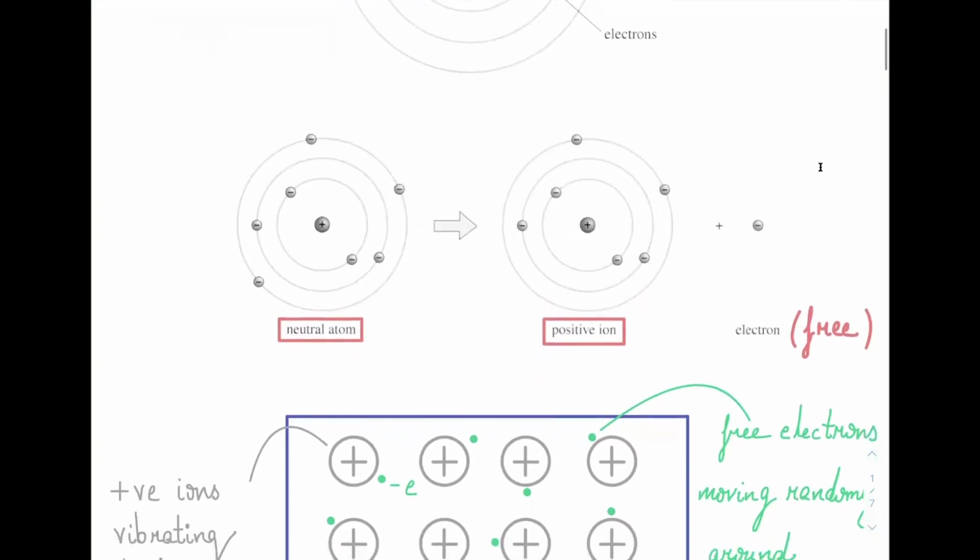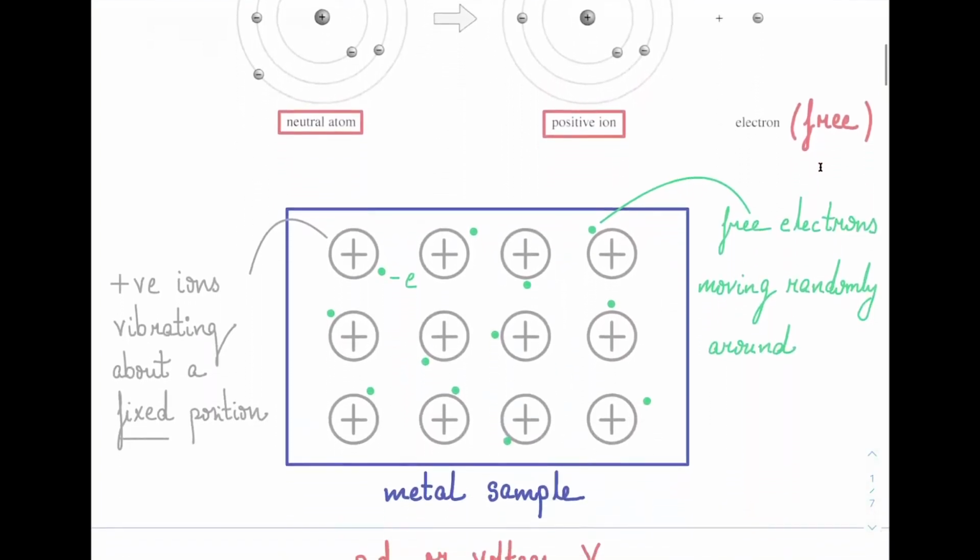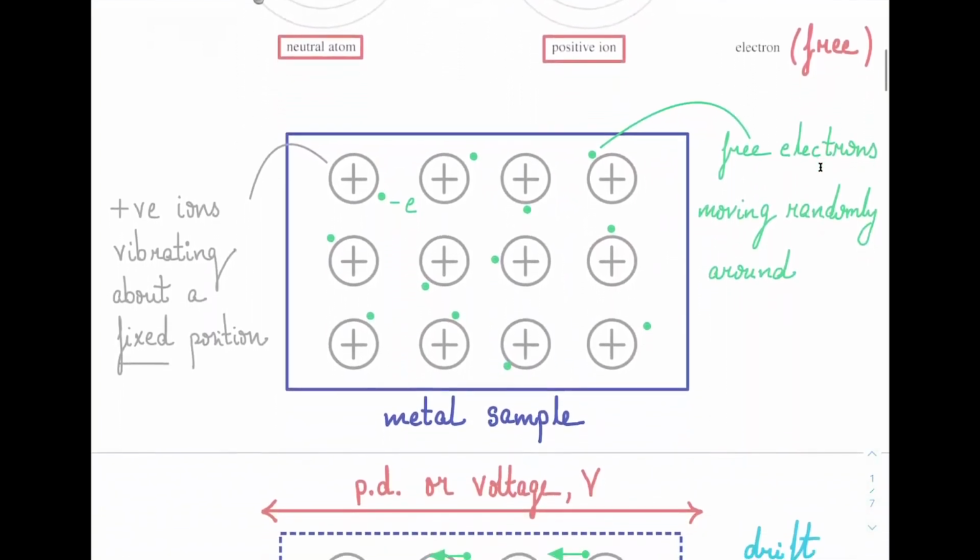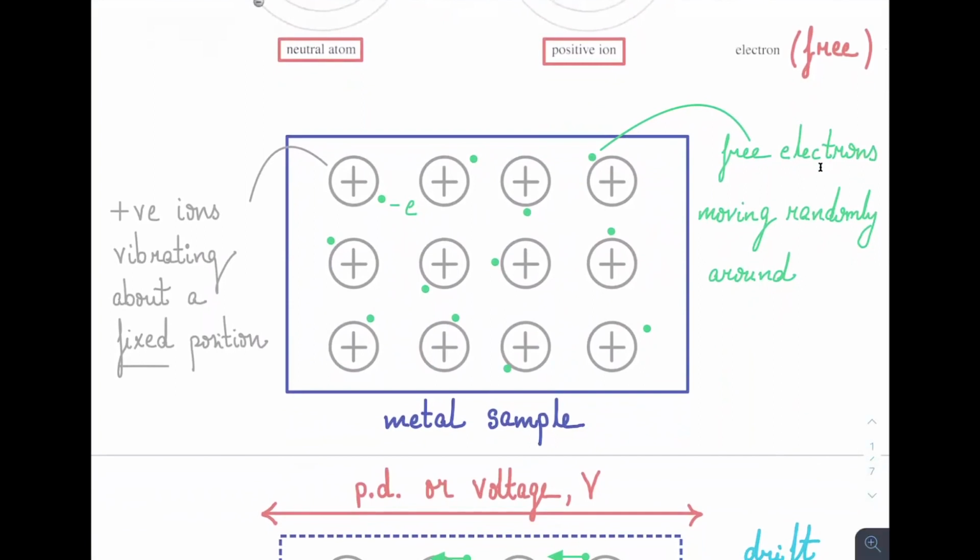The structure of metals can thus be seen as being composed of vast arrays of positively charged ions vibrating about fixed points, as shown in this diagram.